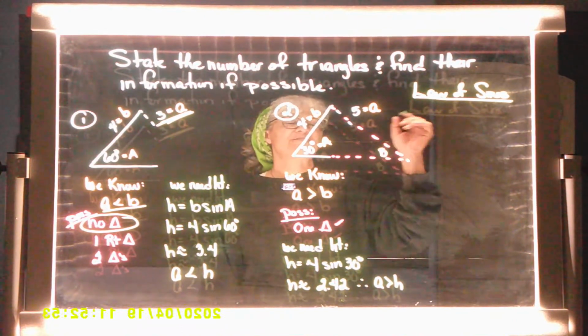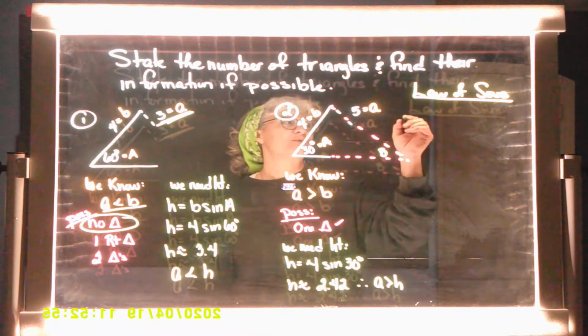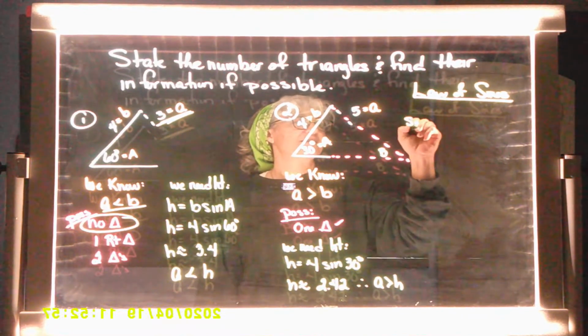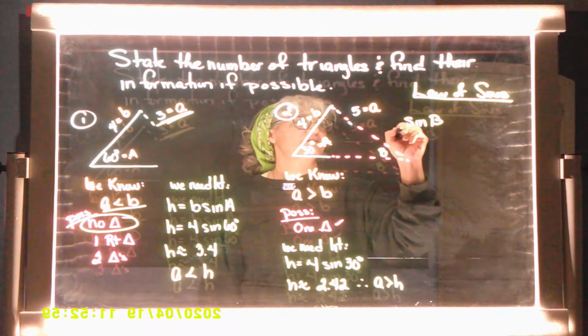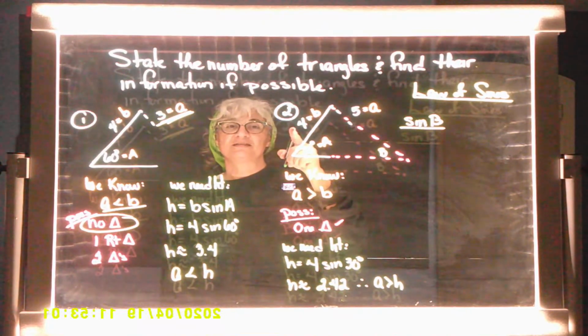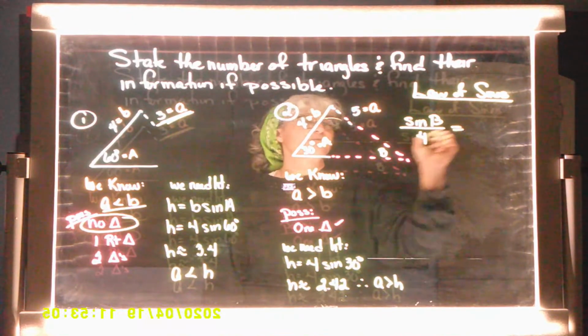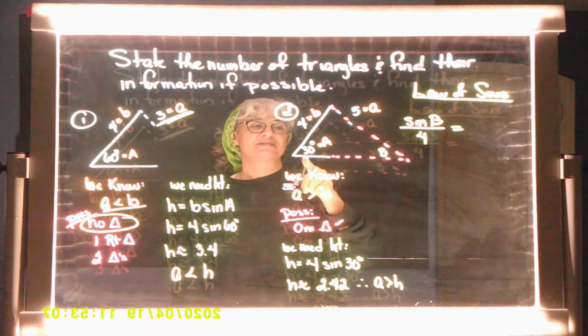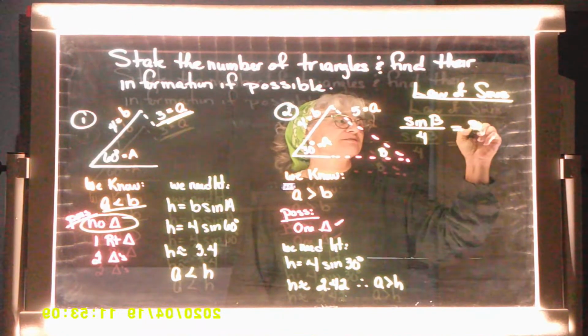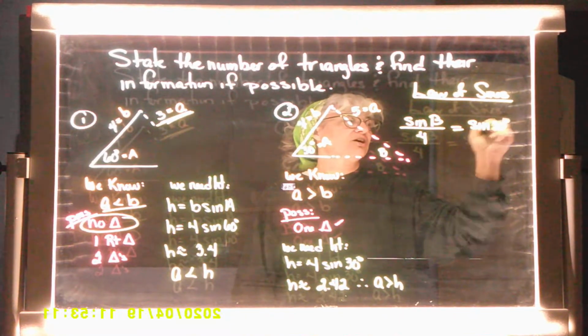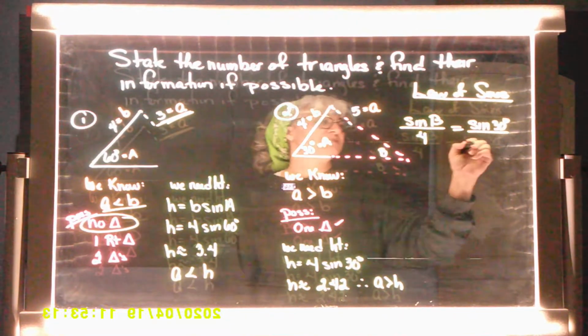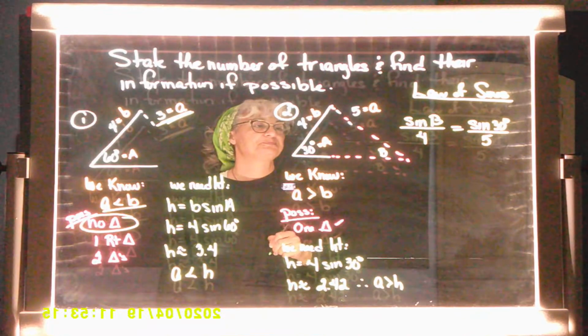So, if this is the case, then I would be finding the sine of angle B divided by the side opposite of it, which is 4, and this would equal the sine of 30 degrees over its opposite side, which is 5.